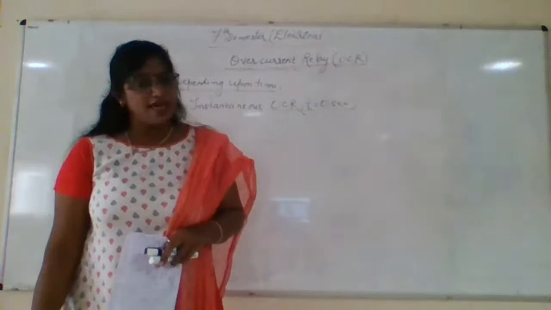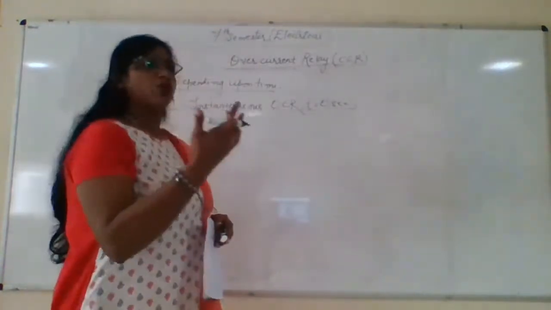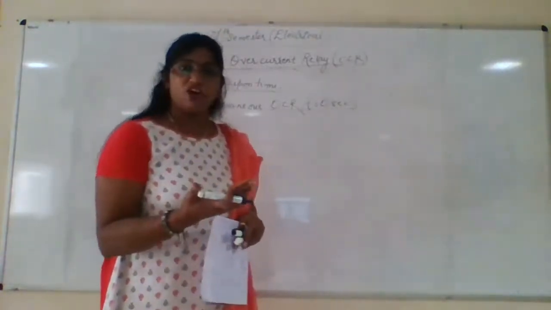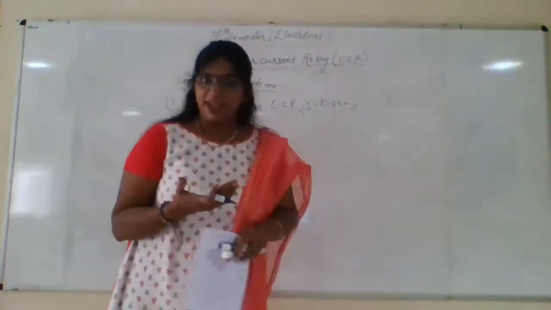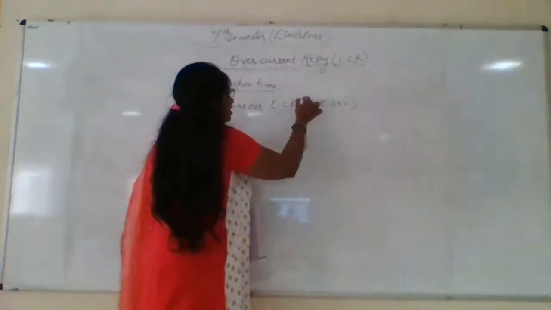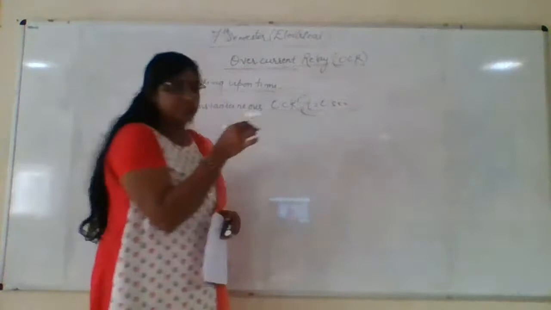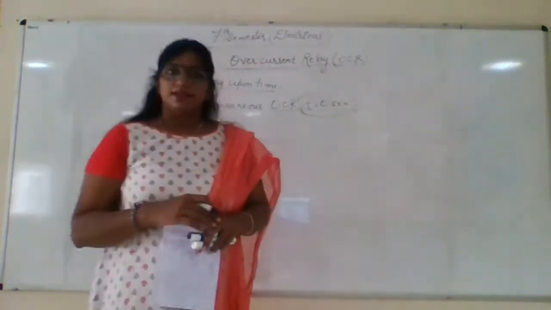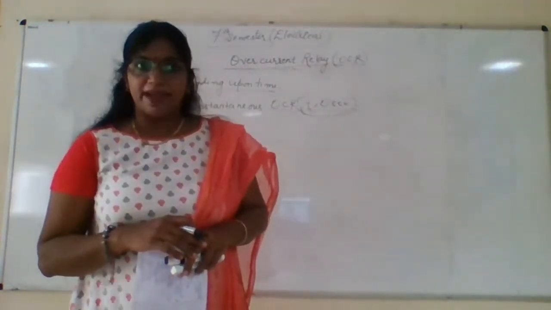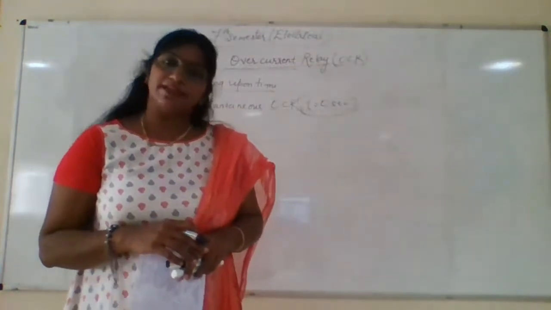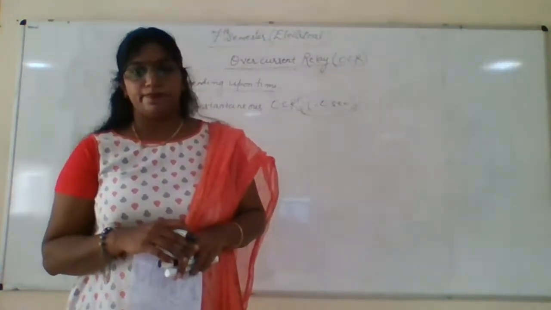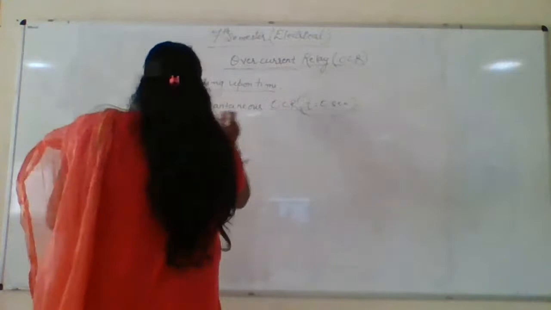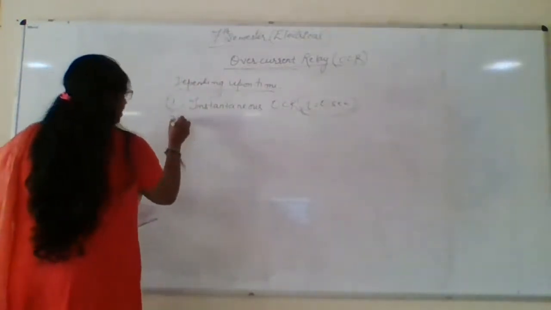As soon as the fault has taken place, without wasting time, at t equals 0 seconds, it will make the circuit breaker initiate to break the circuit from the healthy line. So this is the instantaneous overcurrent relay.